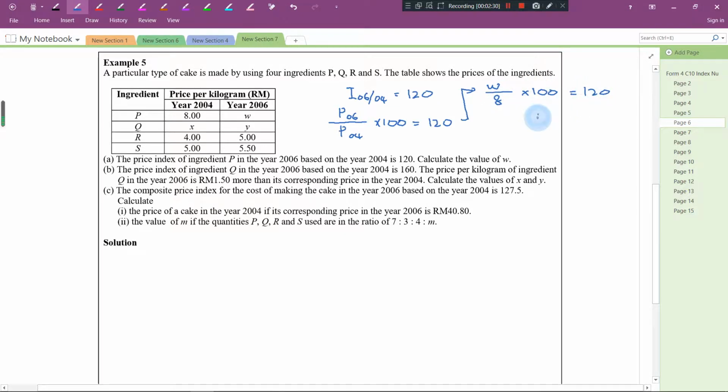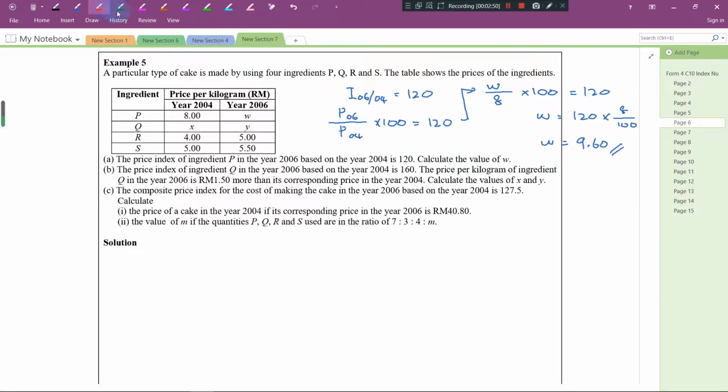So to get the value of W, I think it should be no problem. You take 120 times 8 over 100. Okay, just press our calculator. 120 times 8 over 100. You will get 9.6. Okay, this is the value of W.